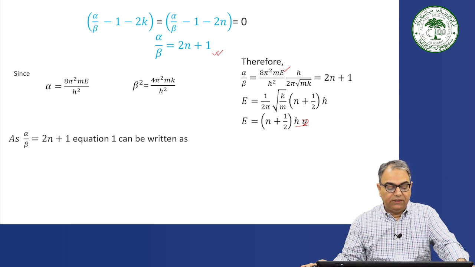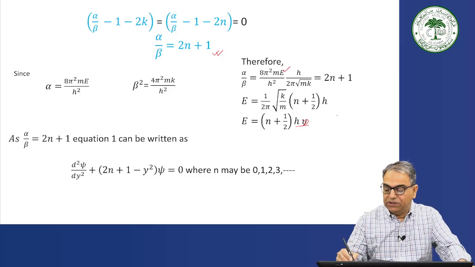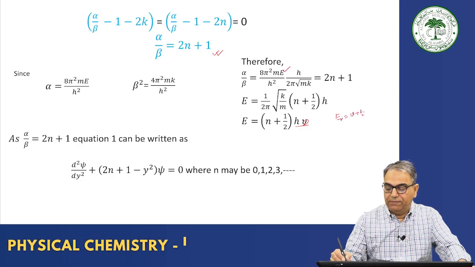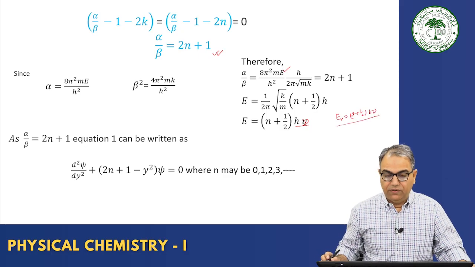So, what does it mean? Alpha divided by beta is equal to 2n plus 1, the equation can be written as this one. Okay. So, this is the equation, and this equation you are already familiar with if you have done your vibrational spectroscopy, where you write V plus half is equal to h nu. Okay.